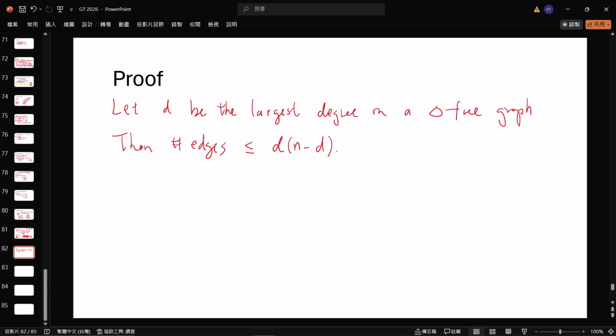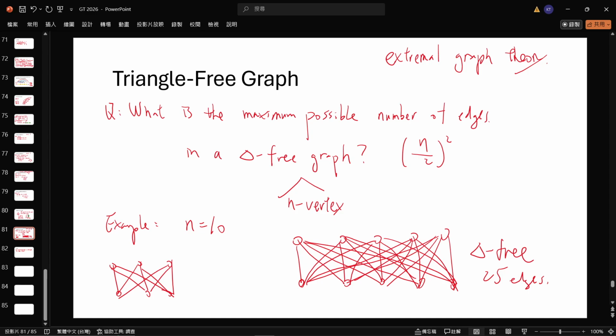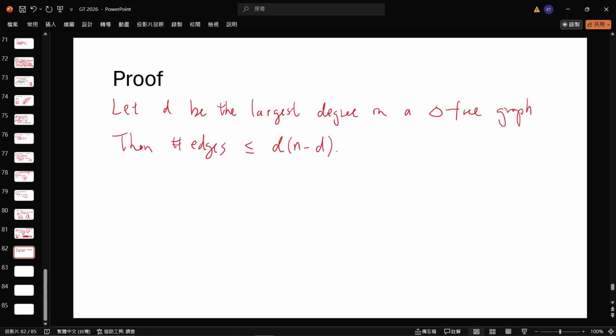I claim that if this is true, then the original result is true. This is because this product is maximized when D is n over 2.